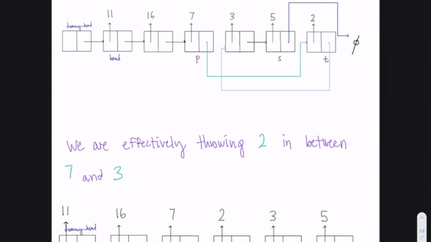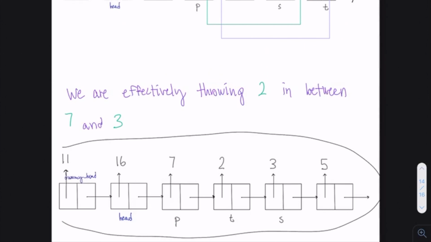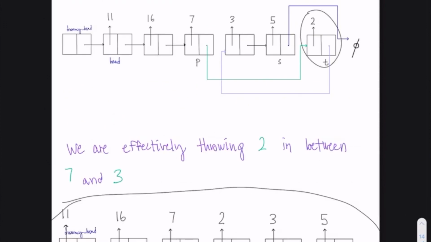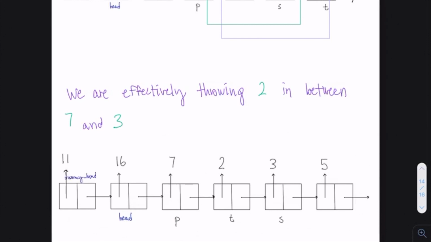We can simplify this to make it look neater, where we've effectively thrown the node whose value contains 2 over and made it go right before the node whose value contains 3, and we can see that here. And that's it. We've actually reversed the sublist for the nodes 4 to 6, and made it so that they look like this. And that's the end of the code.